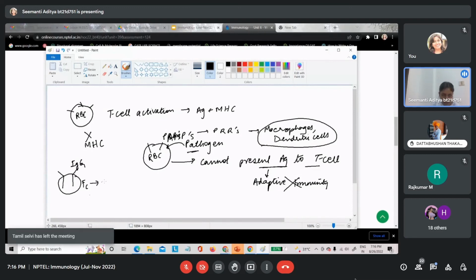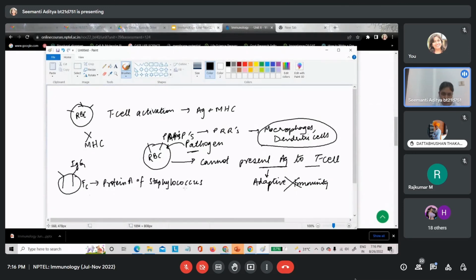This Fc region will bind to protein A of Staphylococcus. This is non-specific binding. The Fc region can bind to the protein A of Staphylococcus by non-specific binding. It's not any kind of specificity.